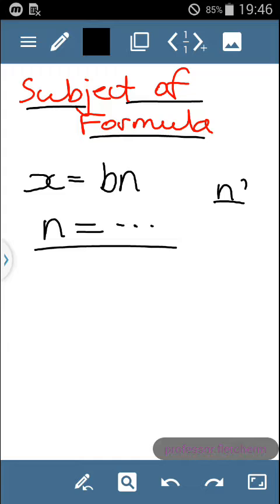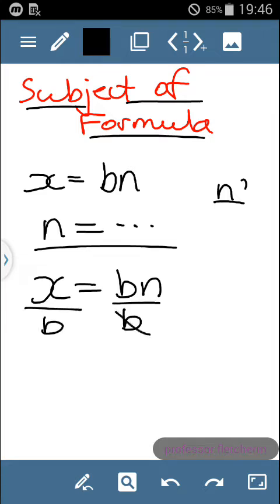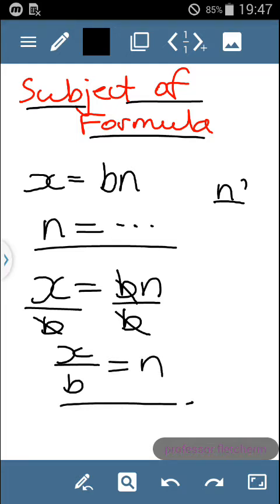So how do we do it? If we have x is equal to bn, we divide this side by b, and divide that one by b. The b's cancel each other out, b into b, and that one remains like that. So x over b is equal to n. So we would have made n the subject of formula.